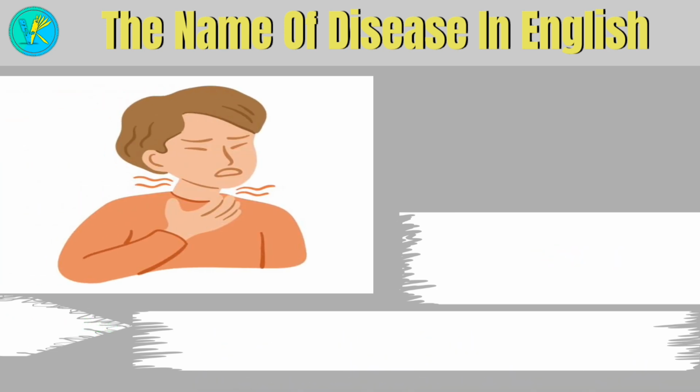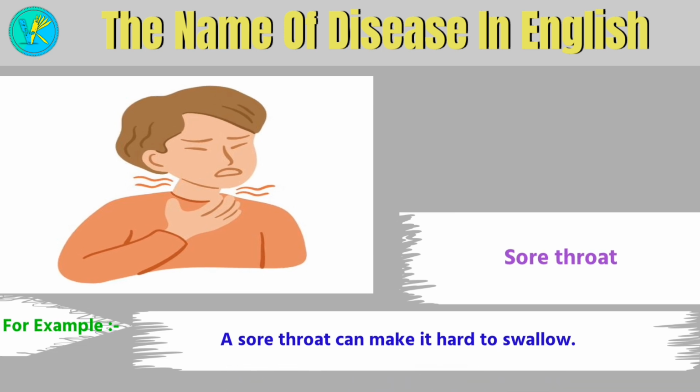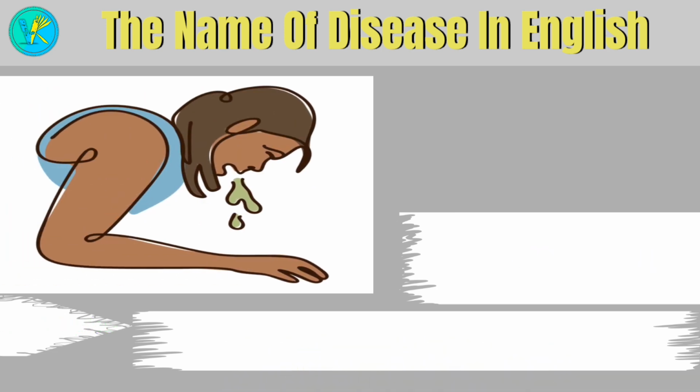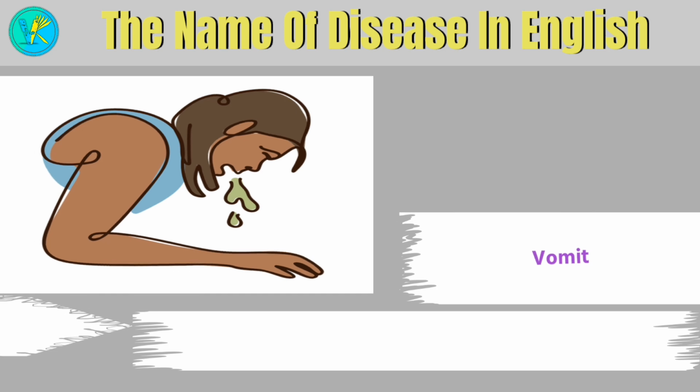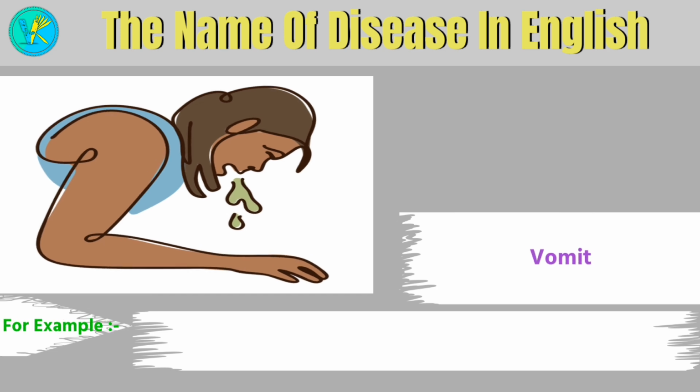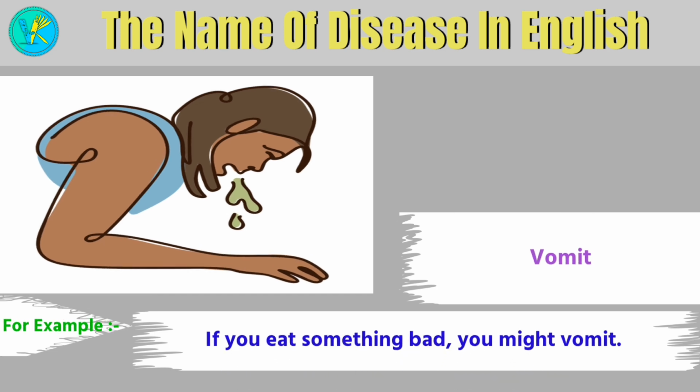Next, sore throat. For example, a sore throat can make it hard to swallow. Next, vomit. For example, if you eat something bad, you might vomit.